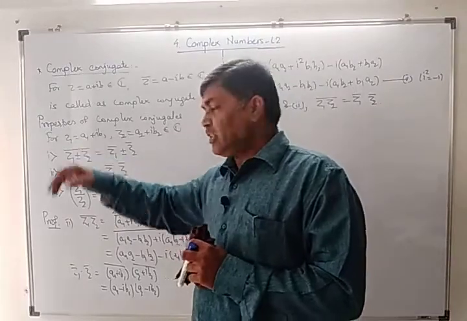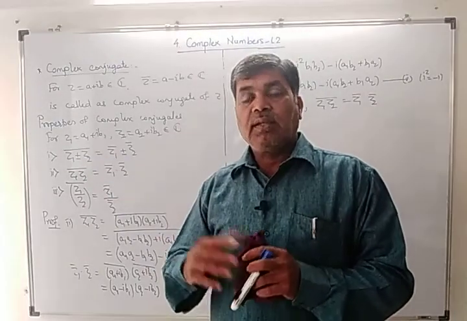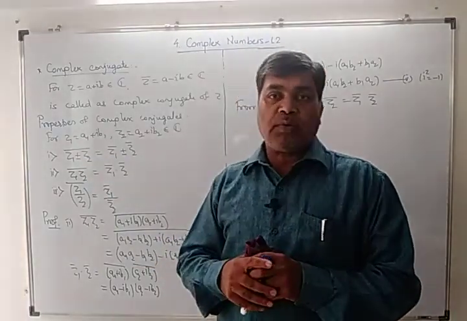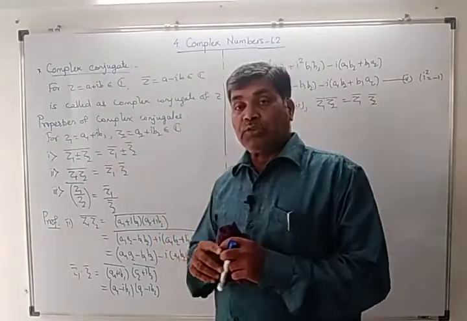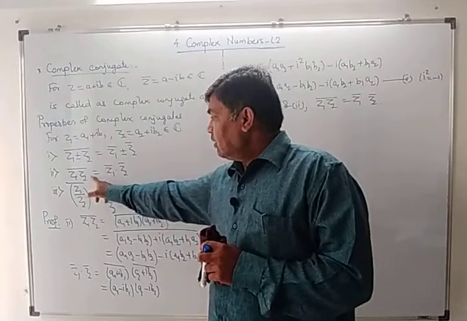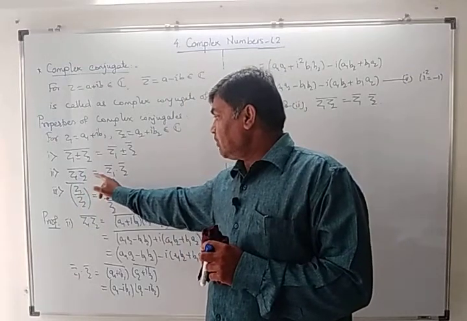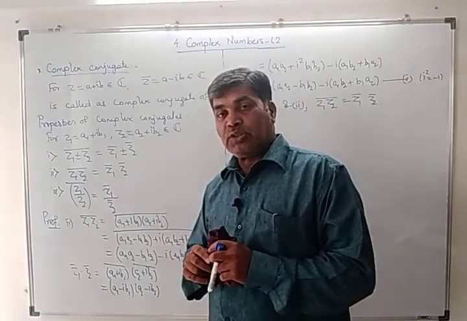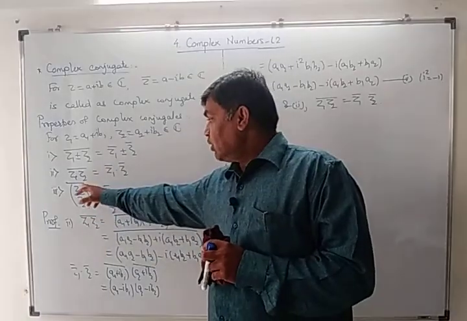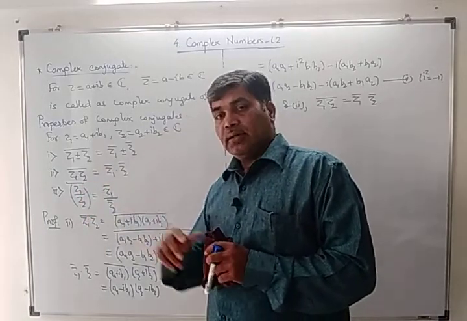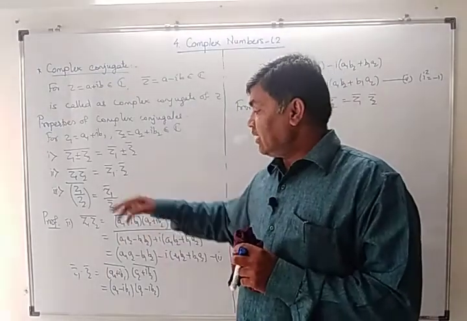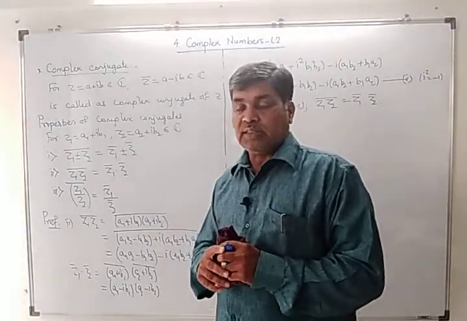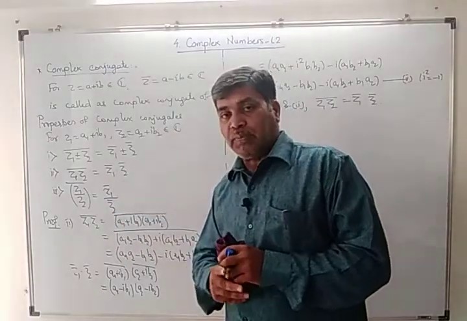The conjugate of the difference of complex numbers is the same as the difference of their complex conjugates. The conjugate of the product of complex numbers is the same as the product of their complex conjugates. The conjugate of the quotient of two complex numbers is the same as the quotient of their complex conjugates. Among these we verified one property.